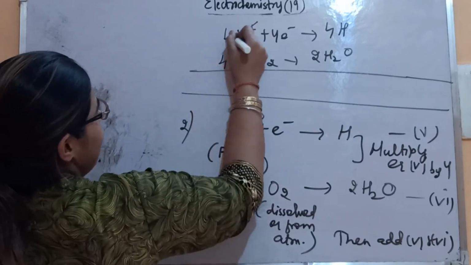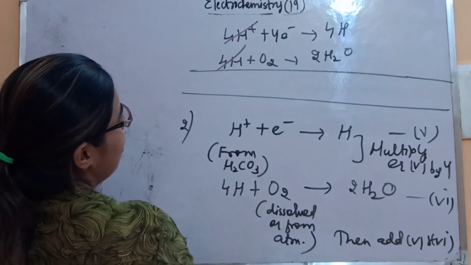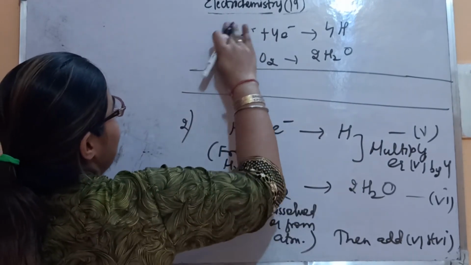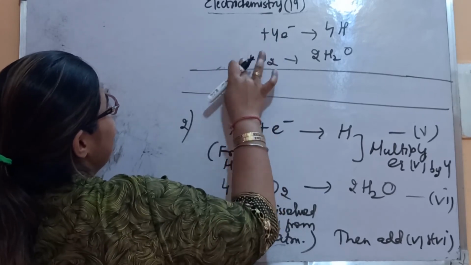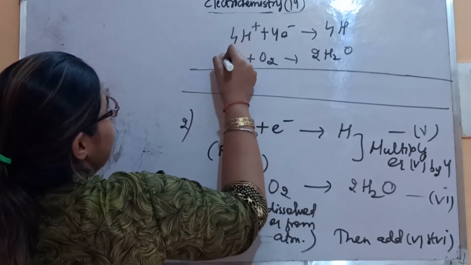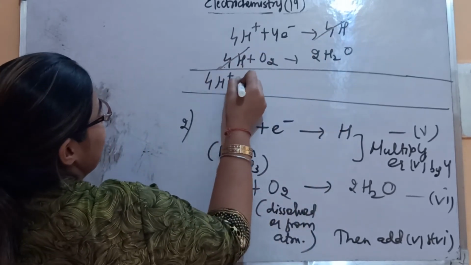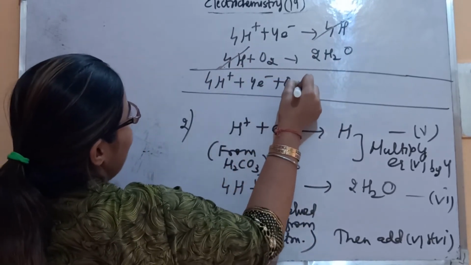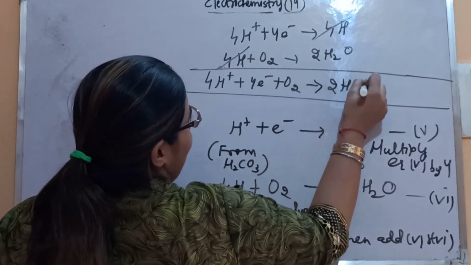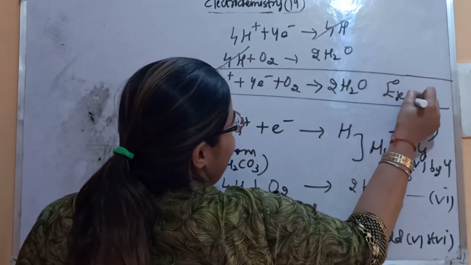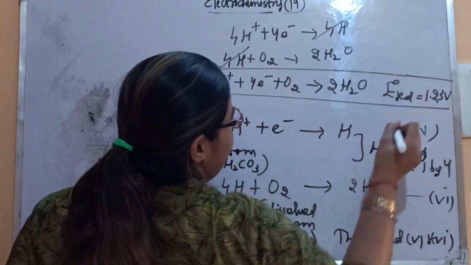The 4H plus and 4H will get cancelled out. The rest will remain as it is: 4H plus 4 electrons plus O2 gives you 2H2O. This is E naught reduction and the value is 1.23 volt.